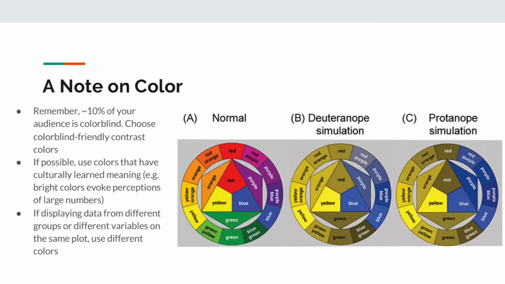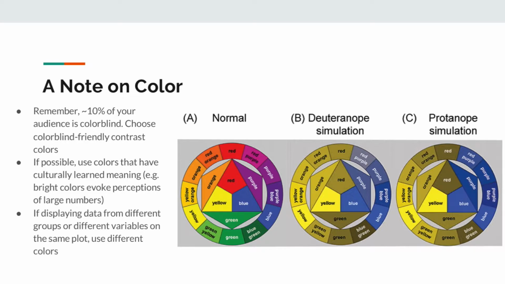A note on color I want to make: when you are visualizing your data, just remember that around 10% of your audience is going to be colorblind. So choose colorblind friendly contrast colors. If possible, you also want to use colors that have culturally learned meaning. For instance, bright colors tend to evoke perceptions of large numbers, strength of quantity or value.